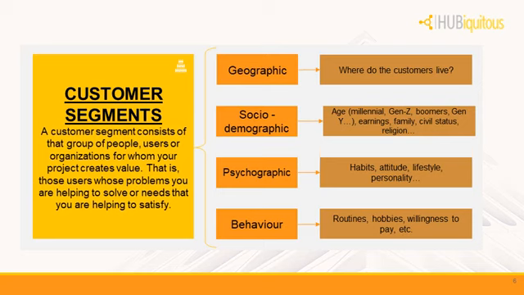Also the attitude that they have in front of life. To define the attitude, I recommend you to take into account the age groups. For example, millennials are characterized by a specific behavior.